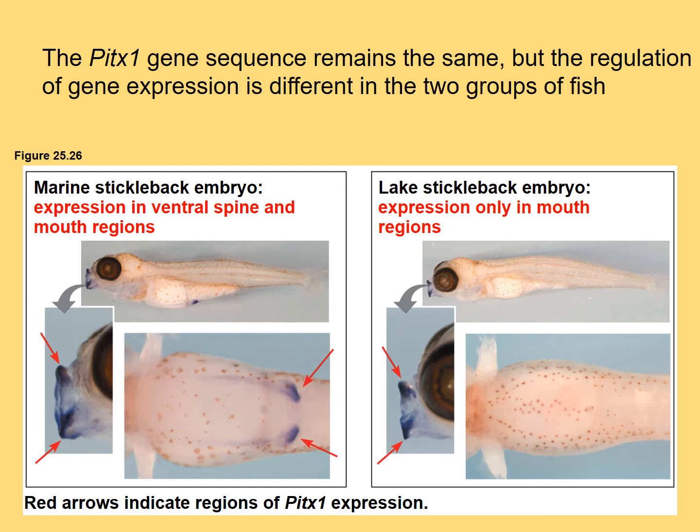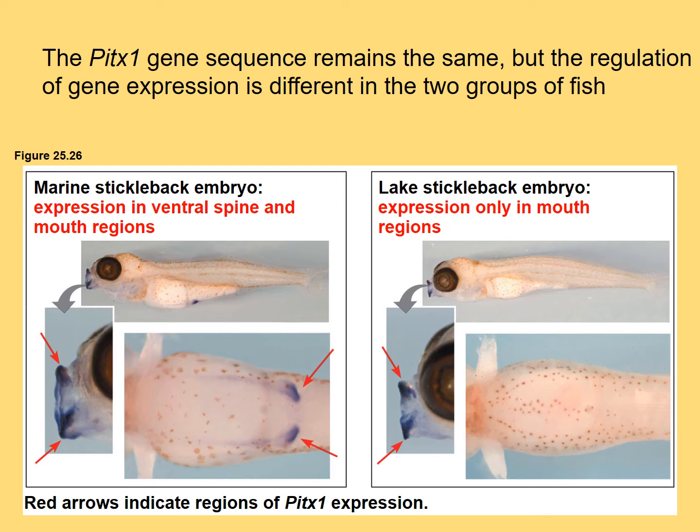So here we have the marine stickleback embryo, right? And the PITX1 gene product, which is the protein, has been labeled, and you can see that the gene expression is found in the mouth area for both of them. This is the marine and this is the lake.